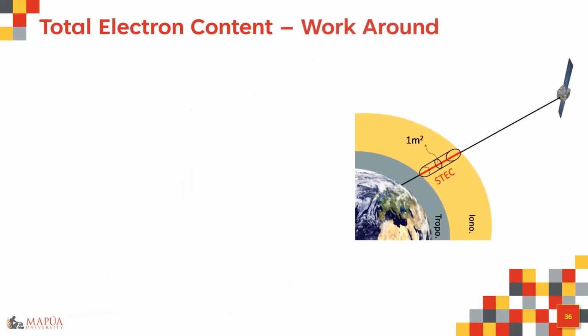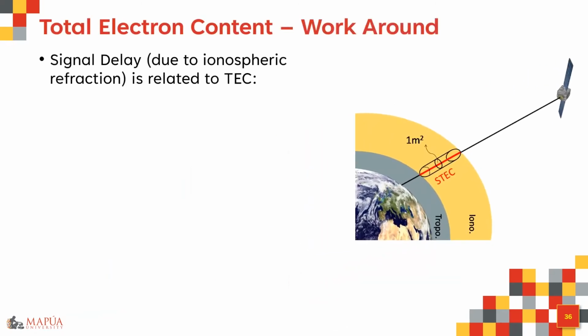So that workaround uses the signal delay coming from signals. For example, you have a GPS satellite, and it sends a signal through the ionosphere toward the surface of the Earth. If we know what to expect, the time of arrival from the GPS satellite to the ground, but we know what we actually measured, then we can estimate the signal delay.